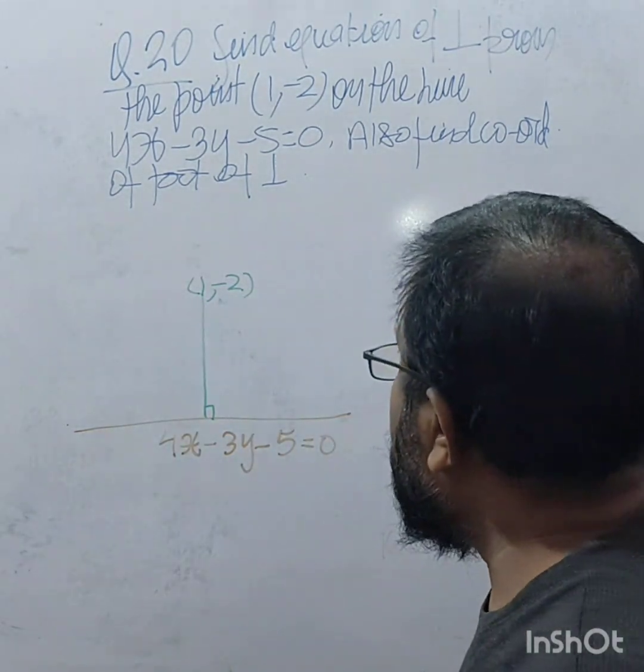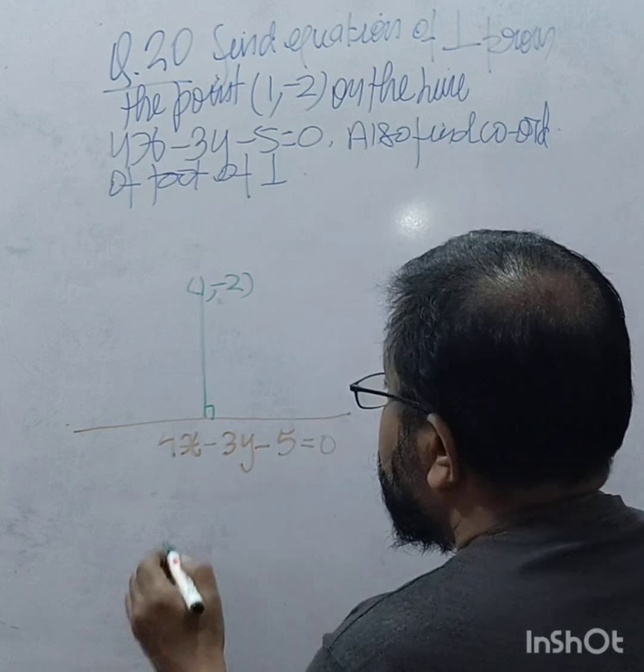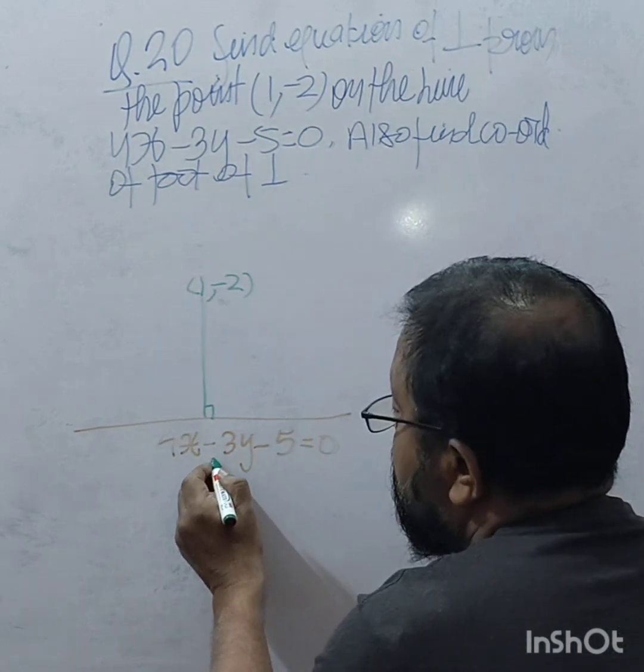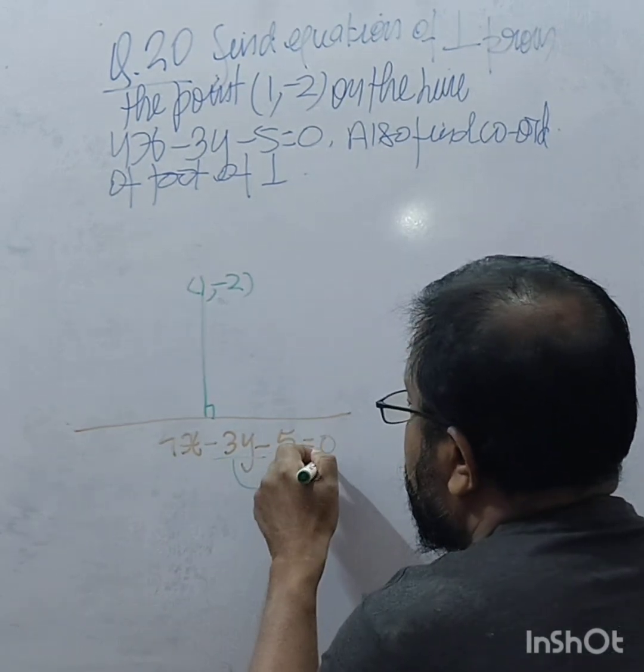So how you get the slope of this line? You bring this 3y on the other side of equal.